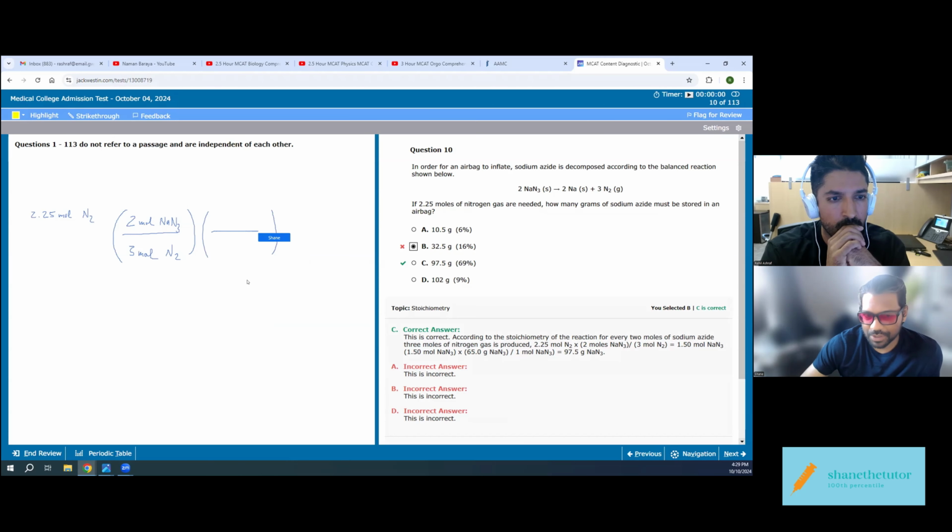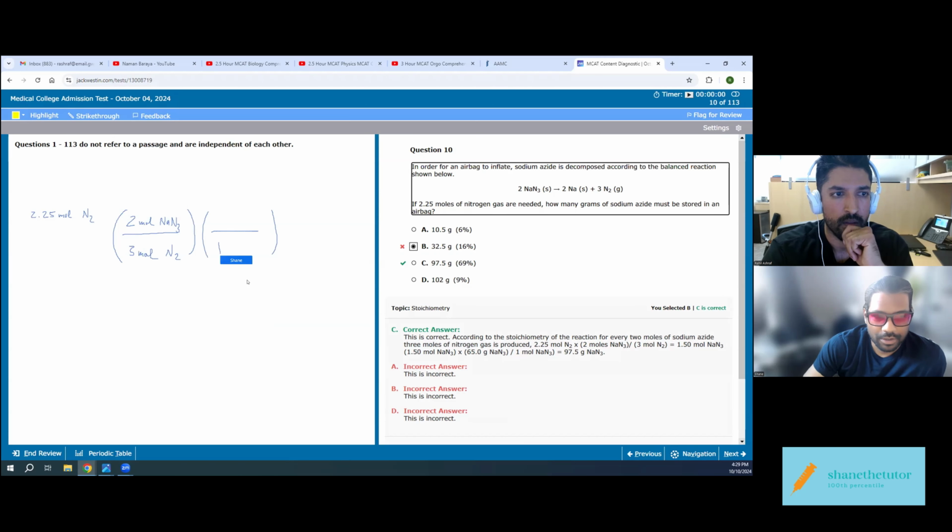That'll give us the moles of sodium azide, but we want the mass of sodium azide. So we can use the gram formula mass, or the molecular mass, for 1 mole of NaN3. So let's look at the periodic table here.